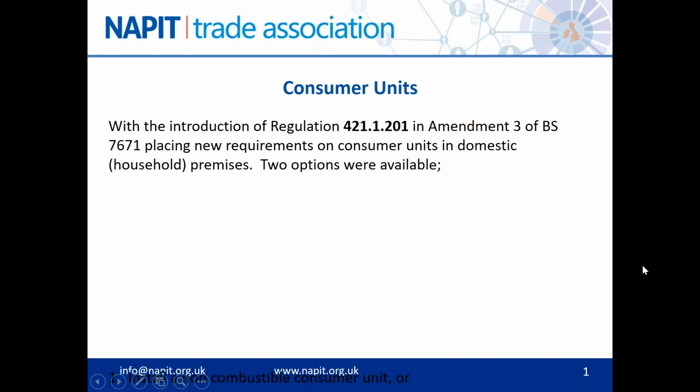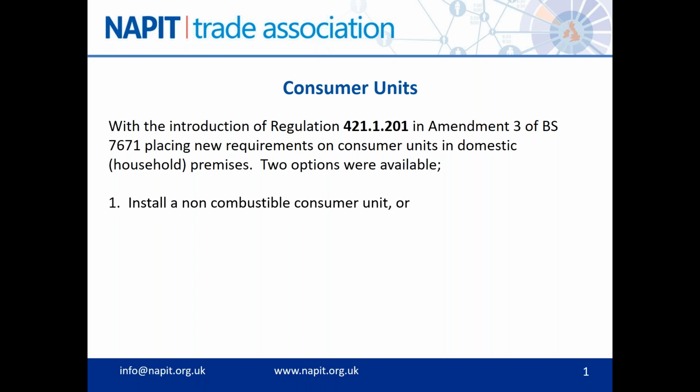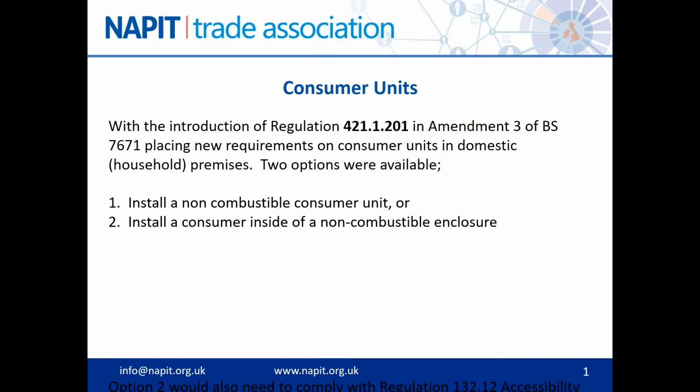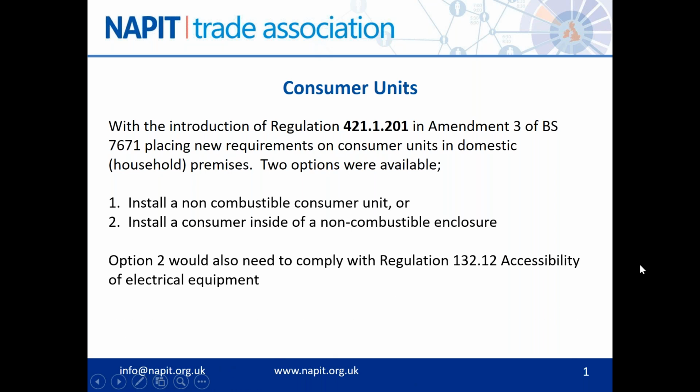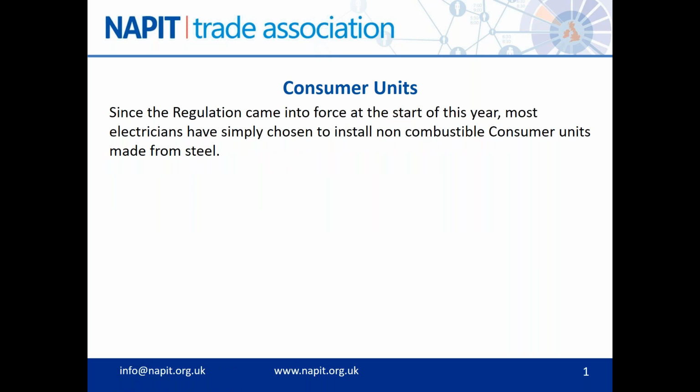The two options that were available were to install a non-combustible consumer unit or install a consumer unit inside of a non-combustible enclosure. However, option 2 would also still need to comply with regulation 132.12, that is the accessibility of electrical equipment, so you still need to be able to get into it.